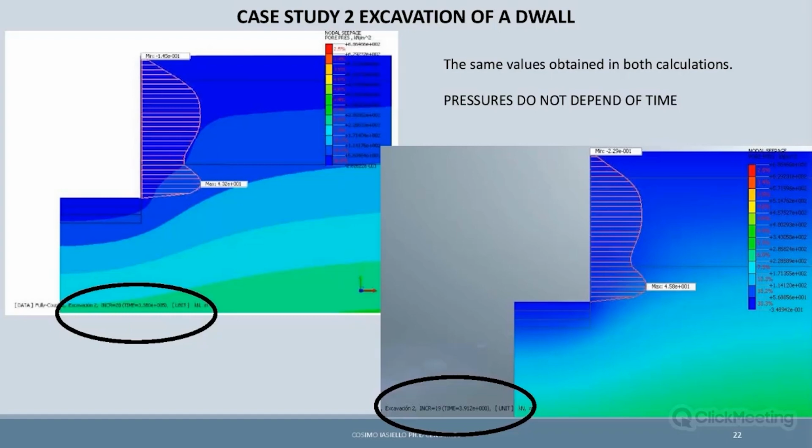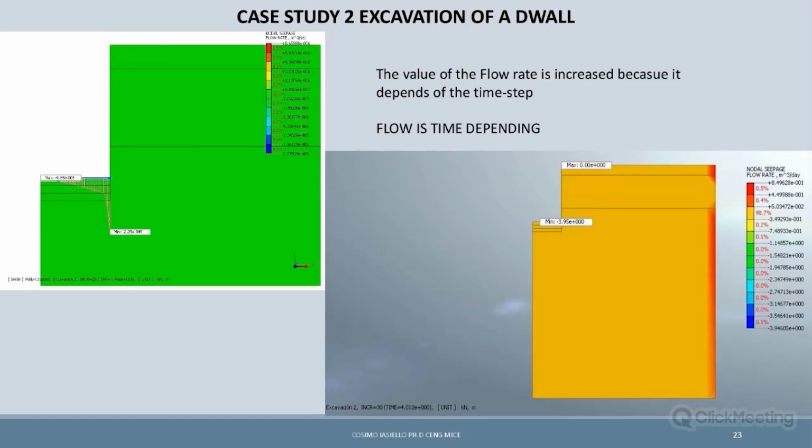The value of pressure onto the structure is the same because the pressures, and so the internal forces we are going to use to carry out our structural analysis, do not depend on the time. What is evidently depending on the time is the flow. So as you can see, in 0 we have something like minus 5, and here we have a minus 0. So we have 5 orders of magnitude between the two calculations.